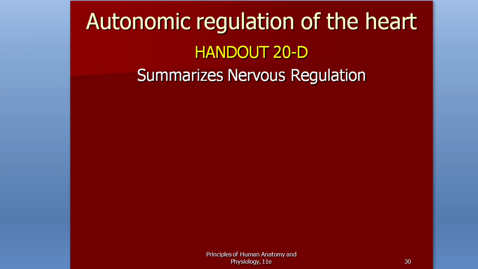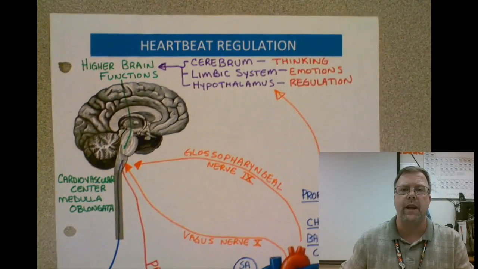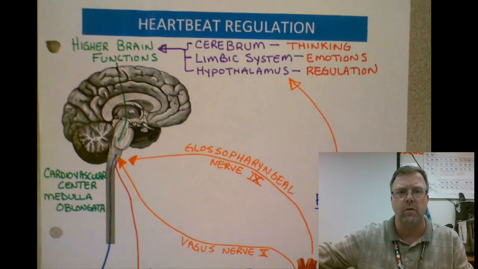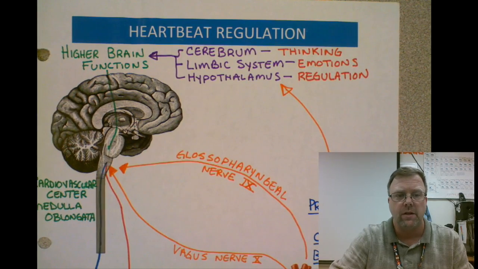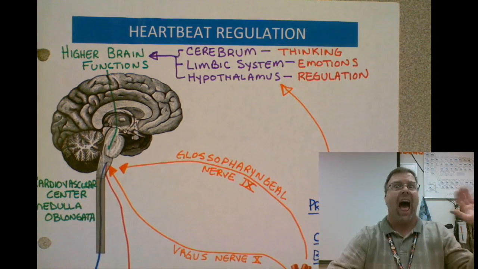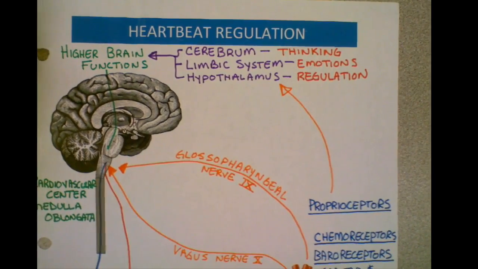So we're going to start with handout 20D, and I want to go over this briefly with you. So let's put it up here on the screen. I'm going to kind of zoom in, and then I'll go through this. To do this, I'll get rid of myself. Maybe. There we go. I'm out.